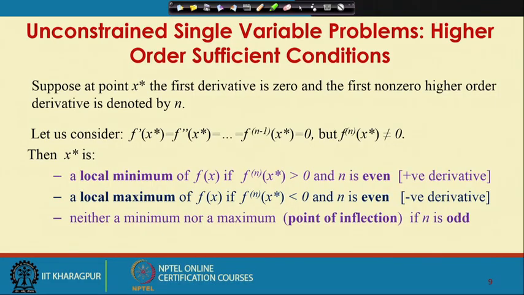If the first non-zero derivative is positive and the order of the derivative is even, the point is minimum. If the first non-zero derivative is negative and the order of the derivative is even, you have the local maximum.